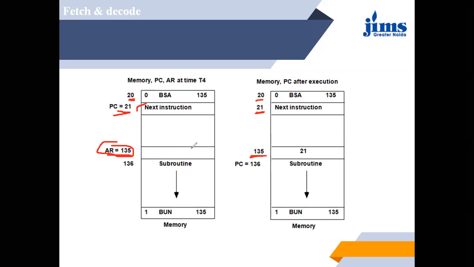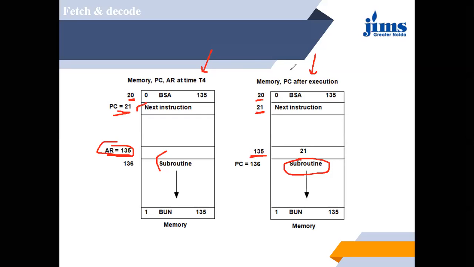So there is a subroutine here, and here is also a subroutine. Then what's the difference? The difference is that this is the content earlier, before execution of the instruction, and this is the position after the execution of the instruction.